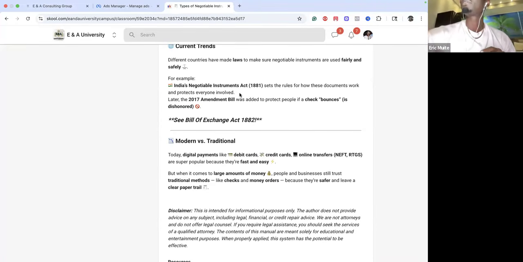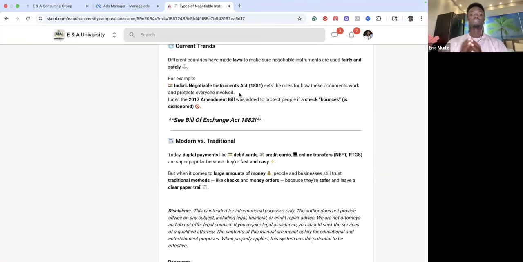You'll see a lot of videos in India, UK, other parts of the world talking about negotiable instruments and so forth, right? Because this is universal stuff, guys. It's so you can do business internationally when it comes to bills of exchange, and negotiable instruments just vary by the laws that were created in your country or the states.